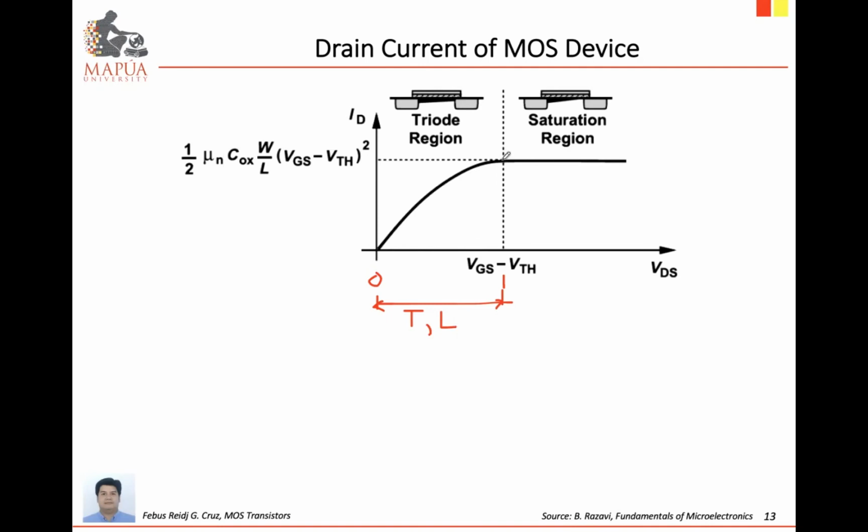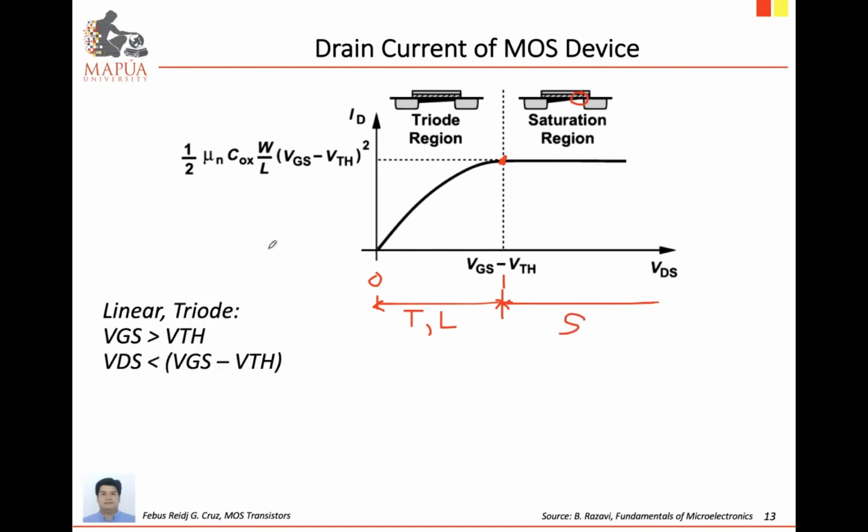And as we reach the saturation point, starting from VGS minus VTH, we expect that the drain current will remain constant. So notice that the channel near the drain terminal becomes very, very concentrated. All right, so is this clear? Yes po. All right, so from VGS minus VTH onwards, this is the saturation region.